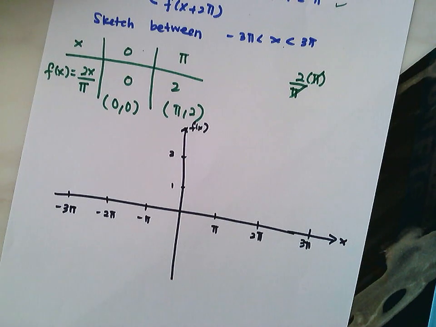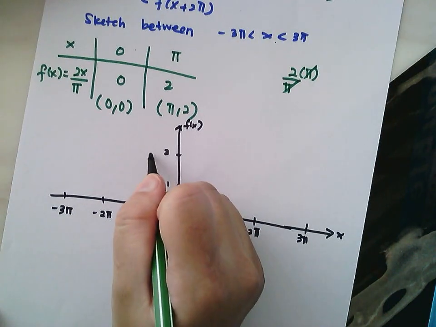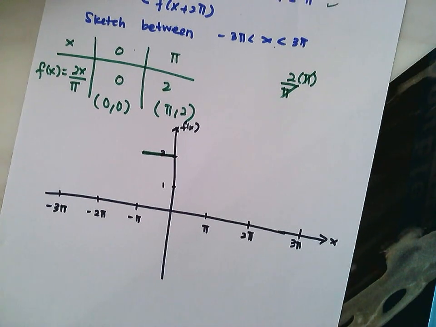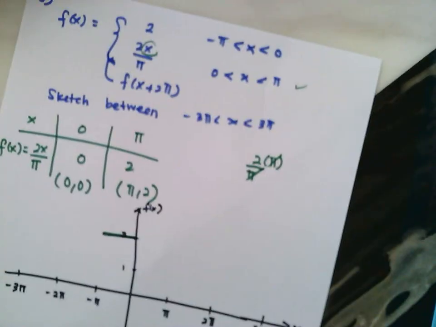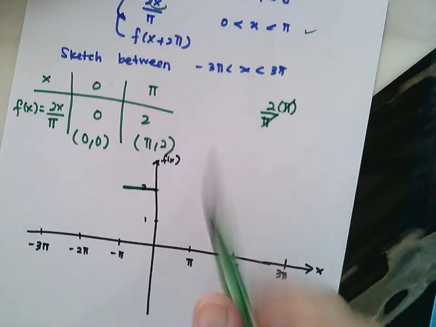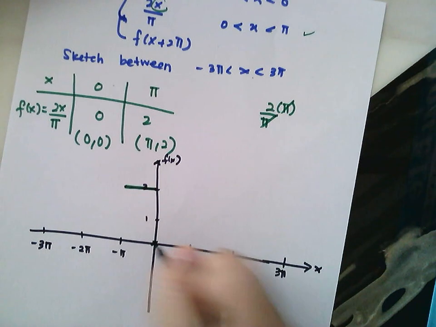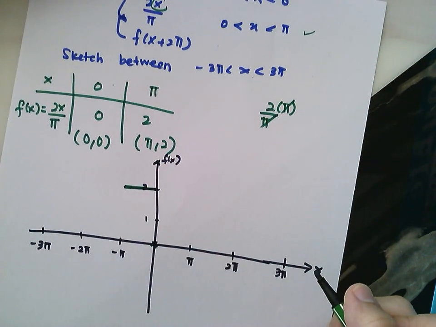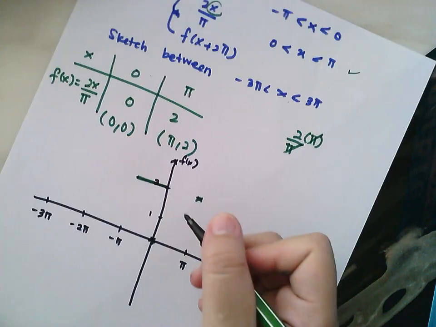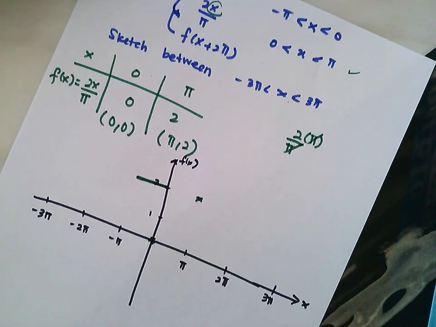Therefore you will have a straight line here. For the second function, refer to this table of coordinates. Your first coordinate will be (0, 0), which is here, and the second one is (pi, 2), which is here. So therefore you will have a straight line.